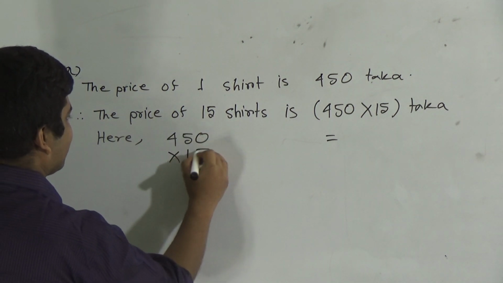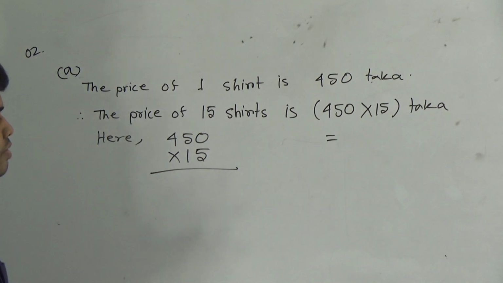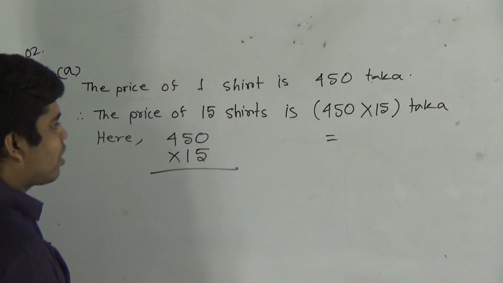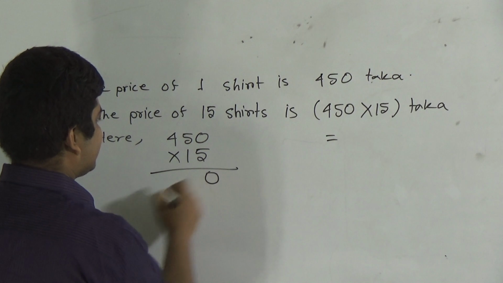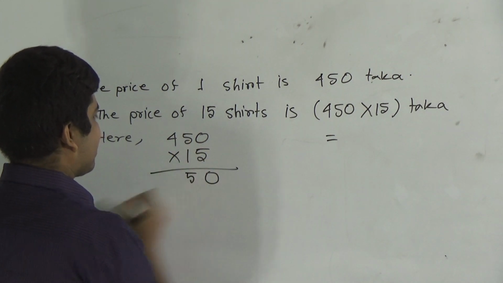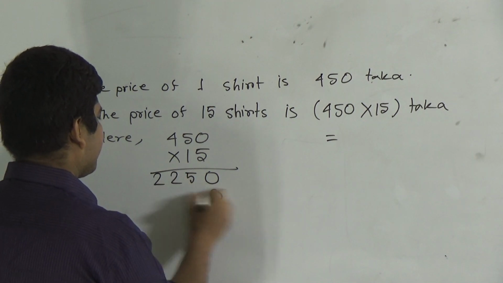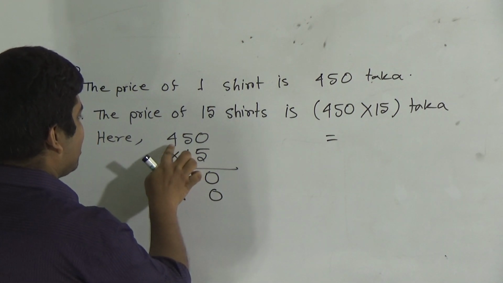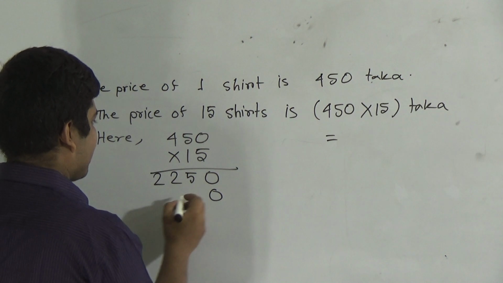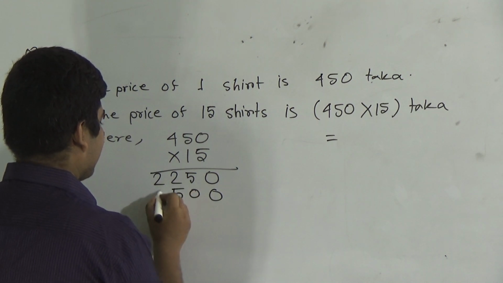450 multiplied by 15. Dear students, notice: 5 zeros are 0, 5 fives are 25, carrying 2, 5 fours are 20 and 2 is 22, 0 is here. After that we multiply 450 by 1 and we get 0, 5 and 4.